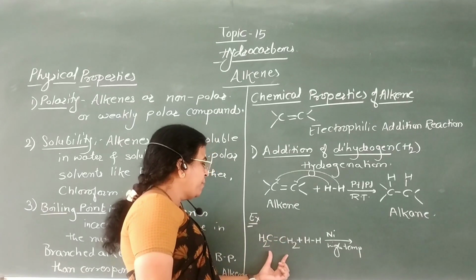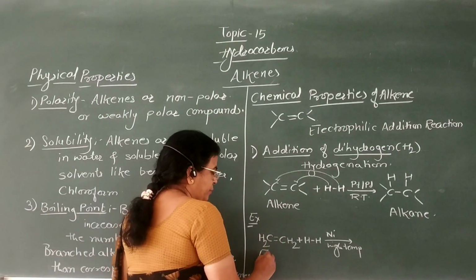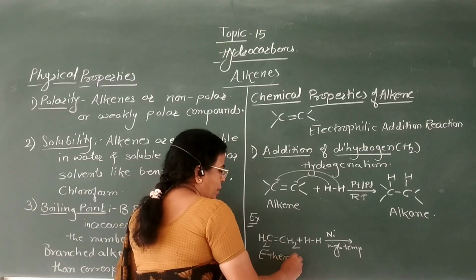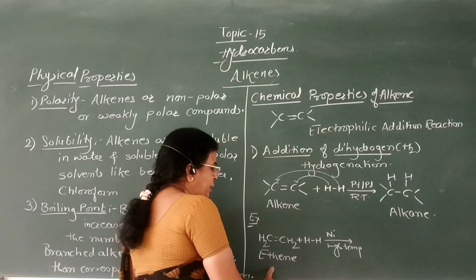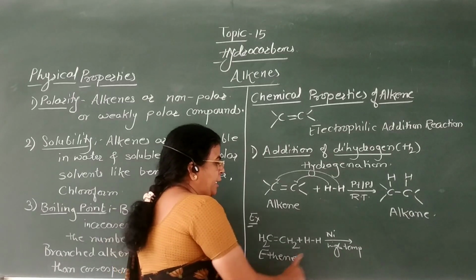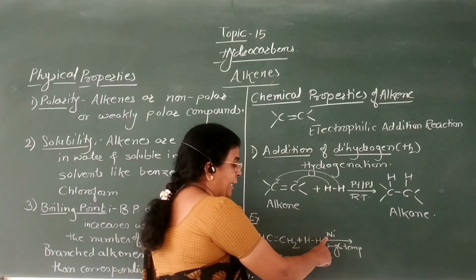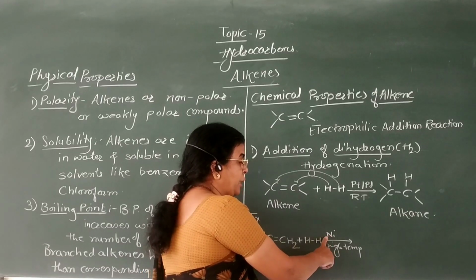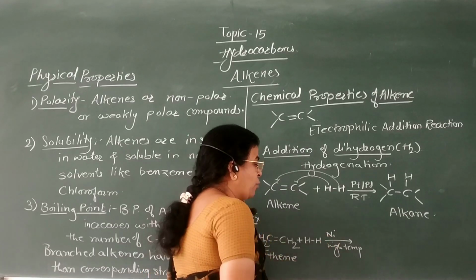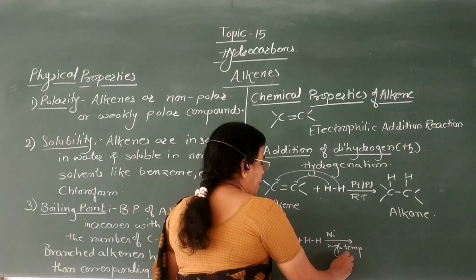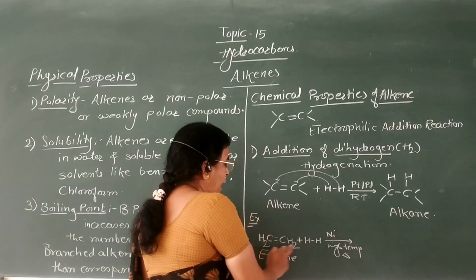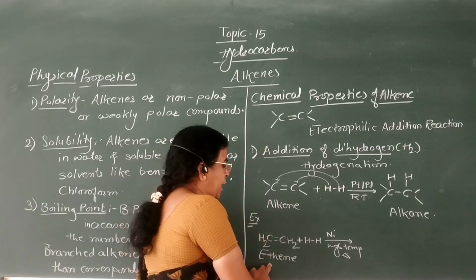Now for example, this is ethene or ethylene. When this ethylene is heated in presence of nickel catalyst, then you have to carry out this reaction at higher temperature. Here hydrogenation of this ethene is carried out.